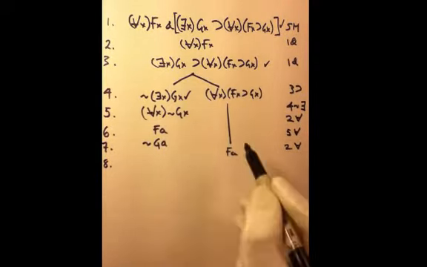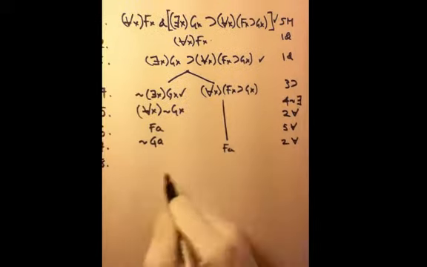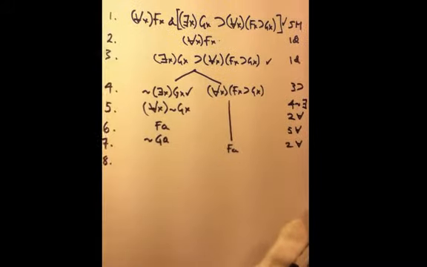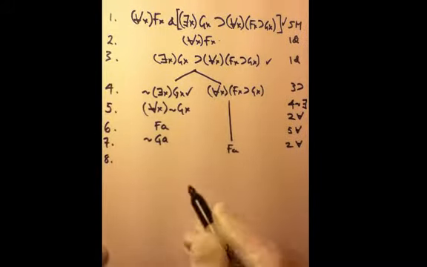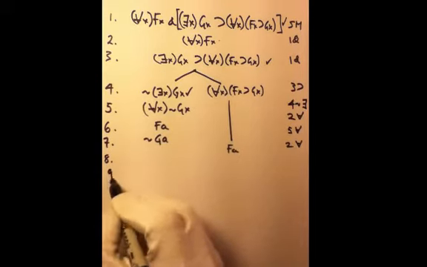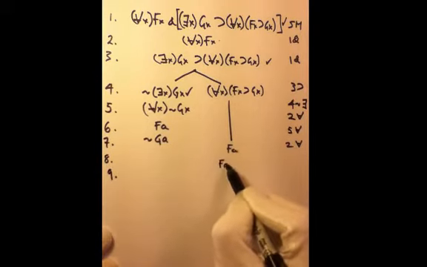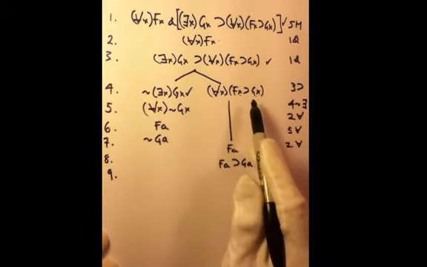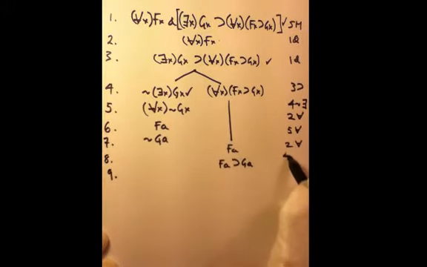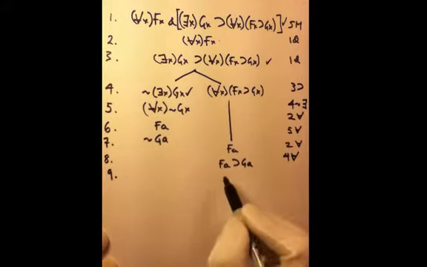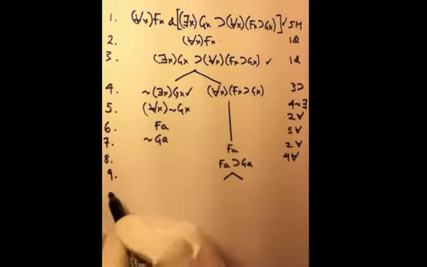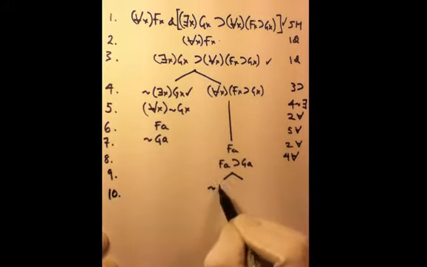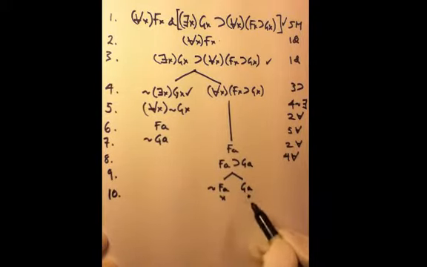FA came from line 2 by universal quantifier decomposition. And then I also want to do a line 9, which is going to be FA horseshoe GA. And again, I can use A again because these are all universal quantifiers. That comes from 4 by universal quantifier decomposition. And this branch is, again, not FA on one side and GA on the other. So we actually have two completed open branches.